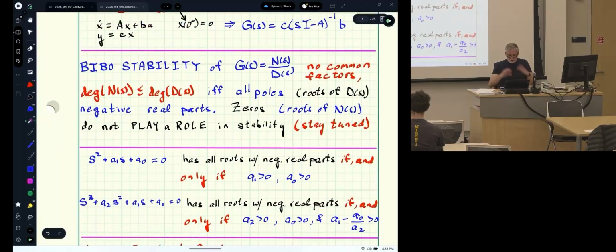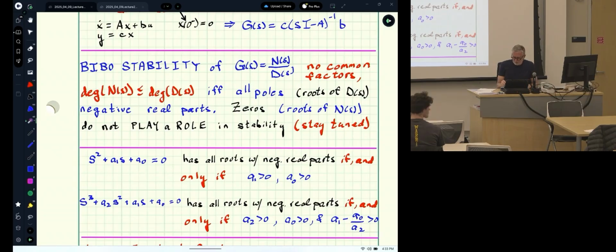If we have a transfer function, we can check stability in the sense of bounded input, bounded output. So bounded inputs like steps, sinusoids, etc. Do they or do they not always produce a bounded output? If they always produce a bounded output, the system is BIBO stable.